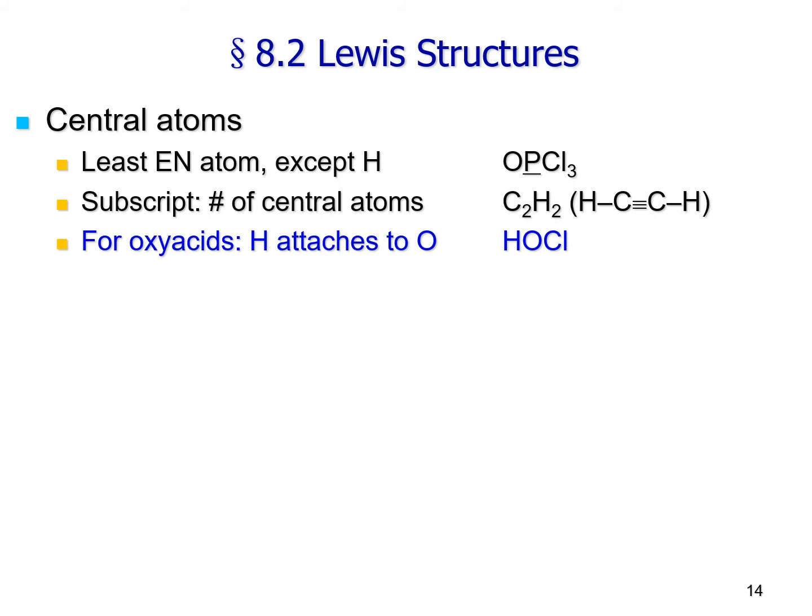But the hydrogen has to go to the oxygen instead of chlorine because it's an acid. That, in fact, makes oxygen the central atom, not the chlorine, because hydrogen has to bond with oxygen by the definition of oxo acids.